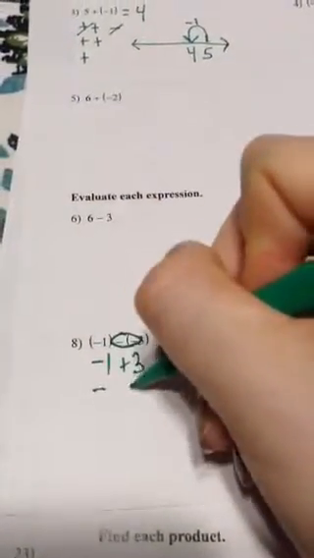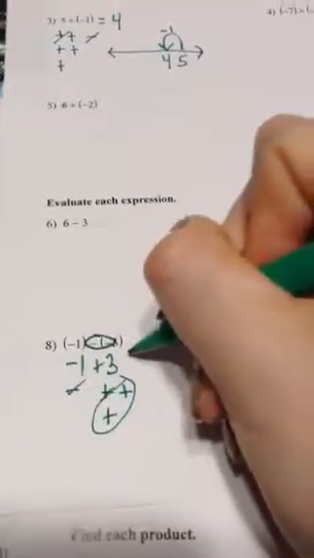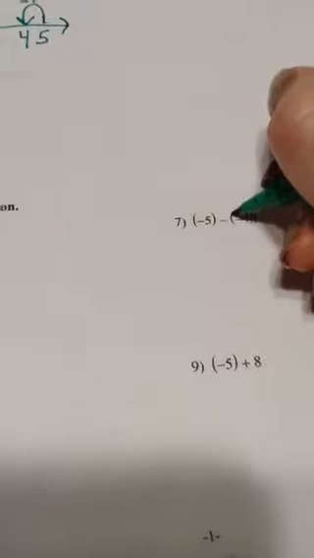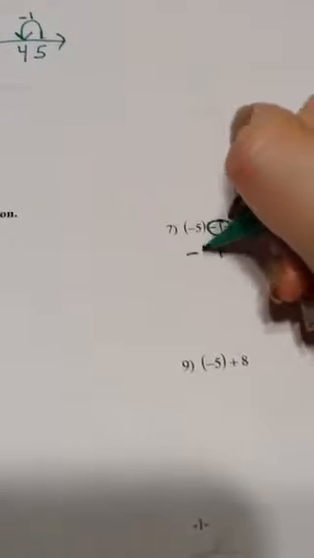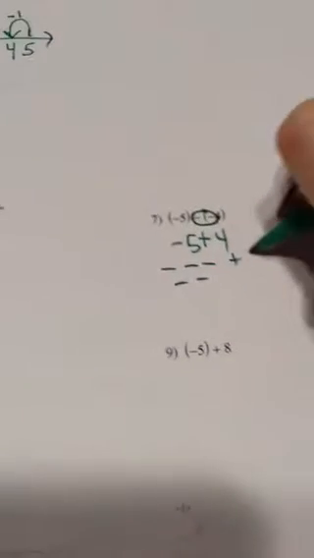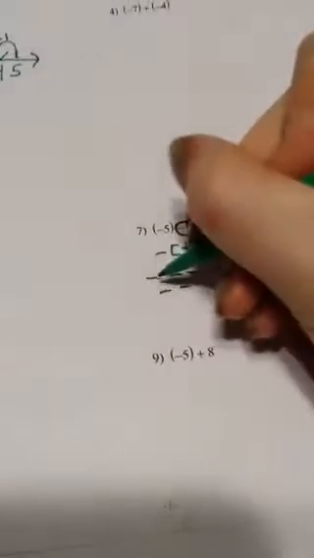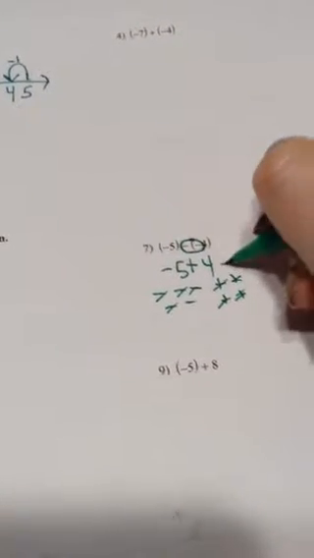Then I have 1 negative and 3 positives. And that would be 2. A negative and a negative makes a negative like this, so -5 plus 4 would be a -1.